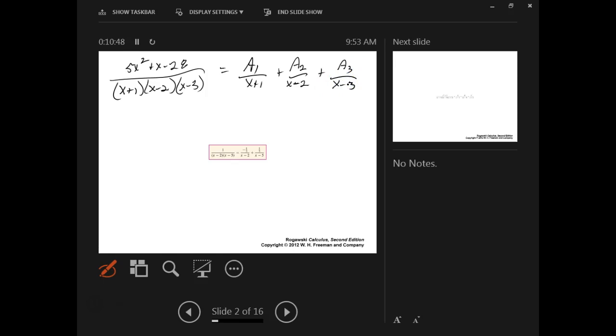Now, again, the subscripts on the A1, 2, and 3 have nothing to do with the x plus 1, x minus 2, x minus 3. That just happens to be that way. It could be anything. So if that is findable, how would we go about determining it?